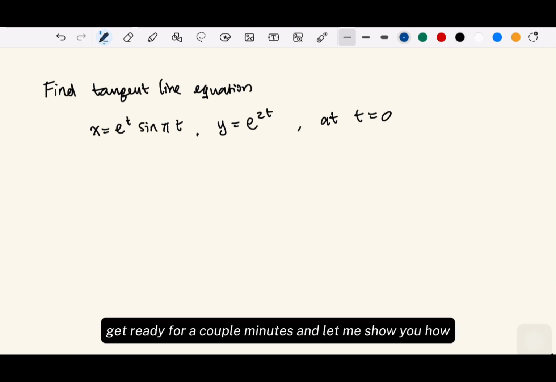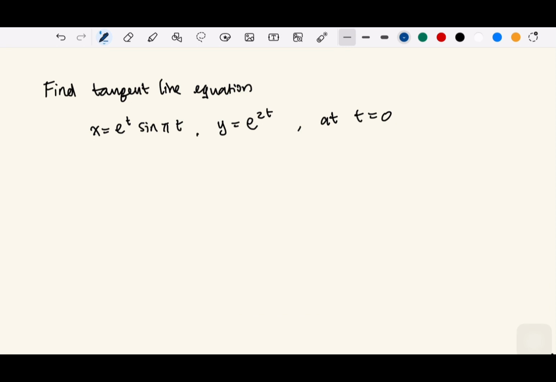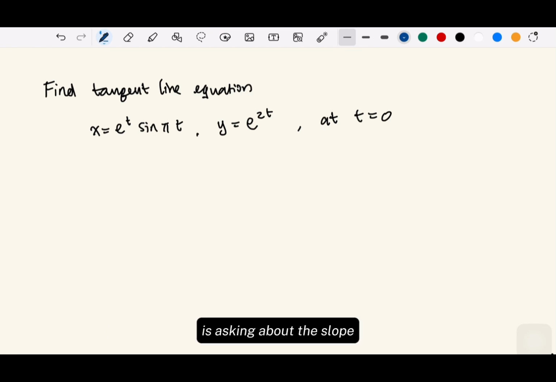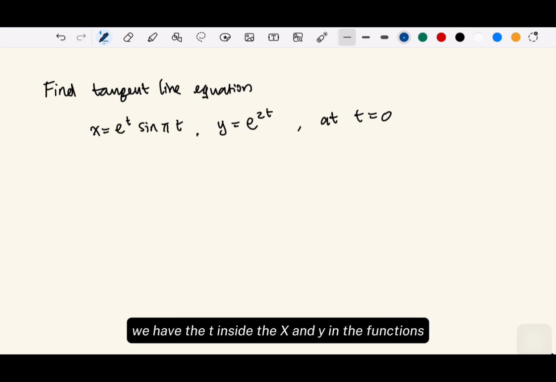You can try for a couple of minutes, and let me show you how it's done. So remember, whenever you are asked about tangent, it's asking about the slope. Okay? It's asking about the first derivative. It's asking about dy over dx. But now we have the parametric. We have the t, right, inside the x and y functions.